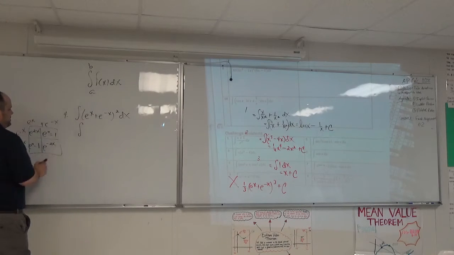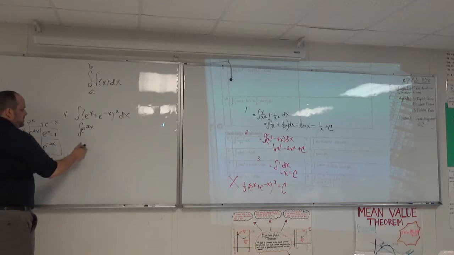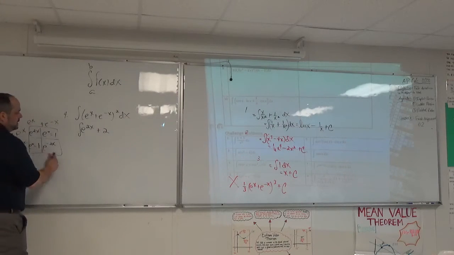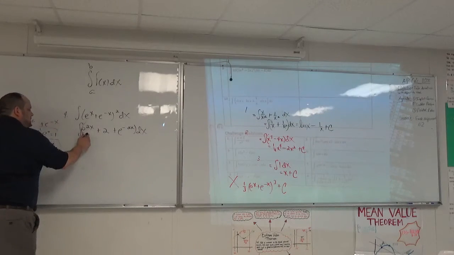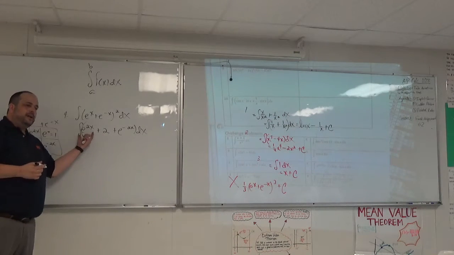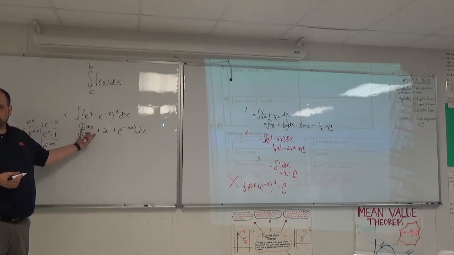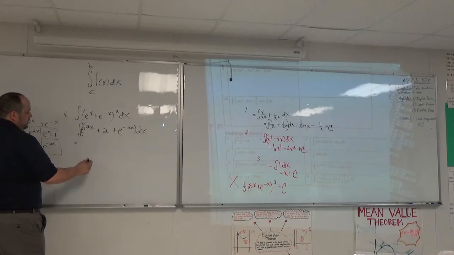So I can rewrite my integrand as e to the 2x plus 2 plus e to the negative 2x dx. First of all, is that legal? Yes, it's just algebra. Algebra is always legal. Now, is it better? Do I know how to take the antiderivative of e to the 2x? What would I take the derivative of to get e to the 2x?